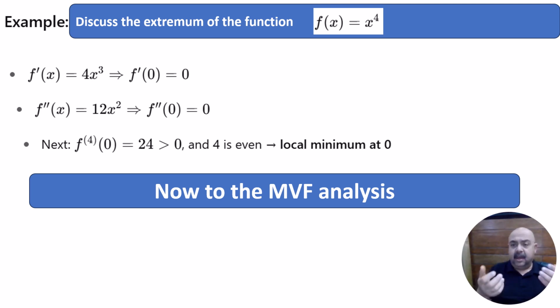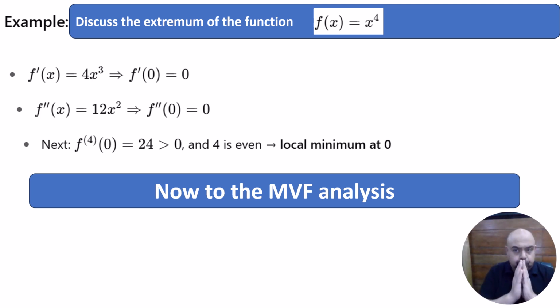When the process failed at the second derivative, I have to search for higher derivatives. Once more, this is really the key for the next investigation in multivariable functions. It needs a lot of effort from us to understand it and digest it very well. So now it is the time to understand this main point.